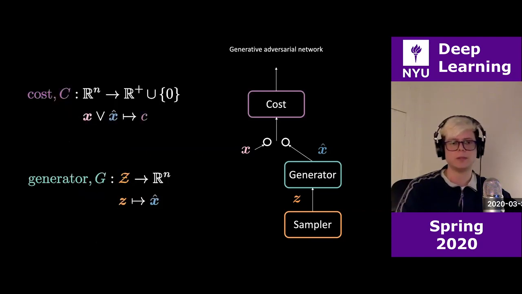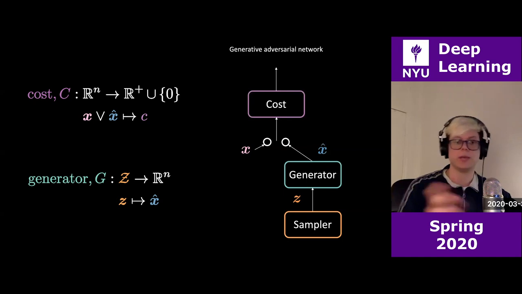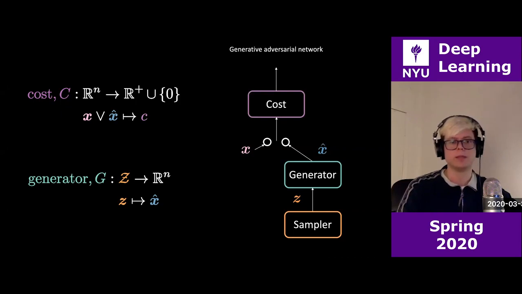So summarizing this sequence of operations, the generator maps my latent input Z into R^n, which is the input space. So we have the latent input, the orange one, that is mapped into the original input. So we have that orange Z mapped to X hat in blue. The top one instead is a cost network in this case, which maps the input, which can be the pink X or the blue X hat, to my cost.